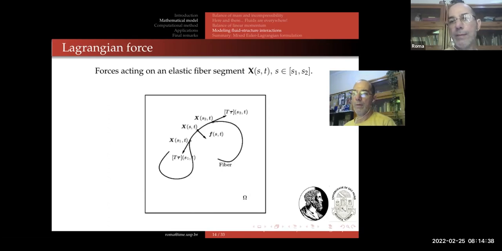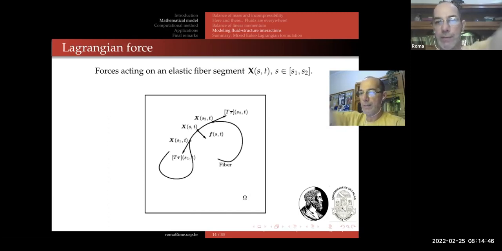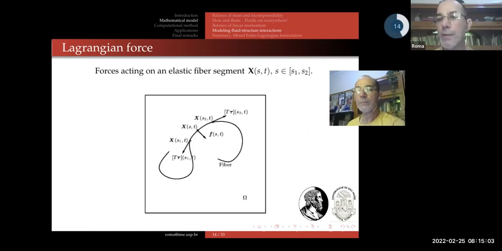As time passes, the flow acts, transporting this fiber segment with it, right? And for each instant of time, X at S1 will have different positions inside the omega domain, okay?